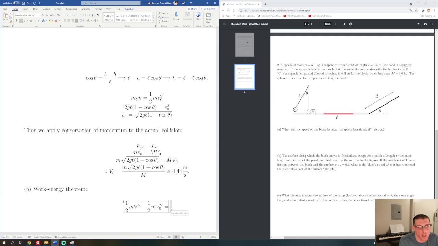There's only one force that's doing work here, and it is the friction force. And so what we could do is write negative Fk times L, because it's a force times the displacement.